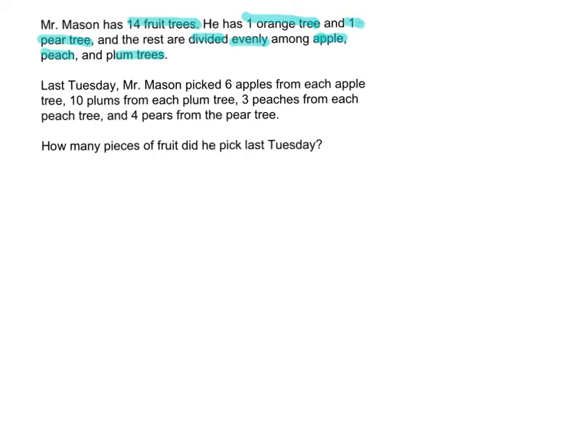Now I'm going to write down that we have 14 fruit trees. We have 1 orange and we have 1 pear tree, because the rest of them are evenly divided among apple, peach, and plum trees.